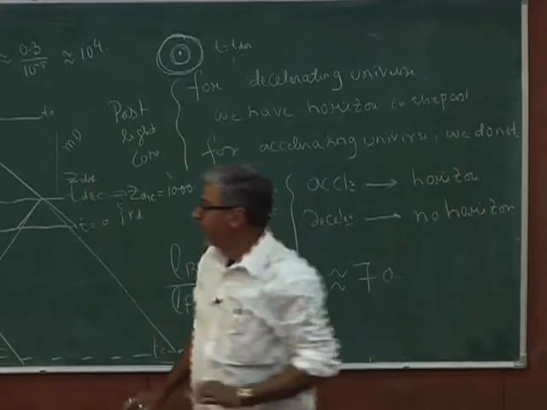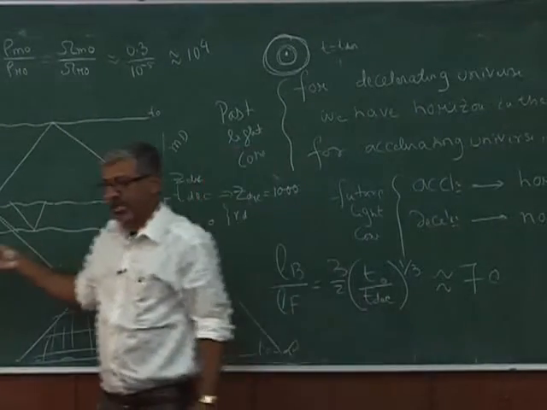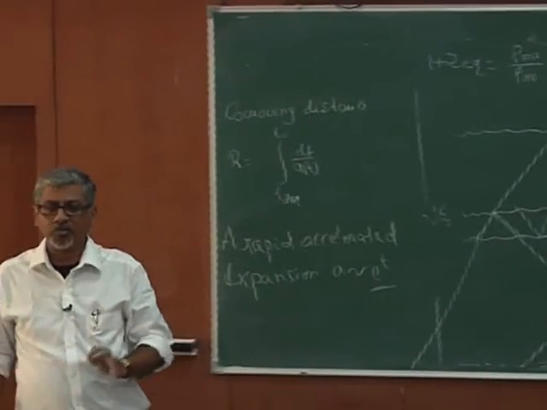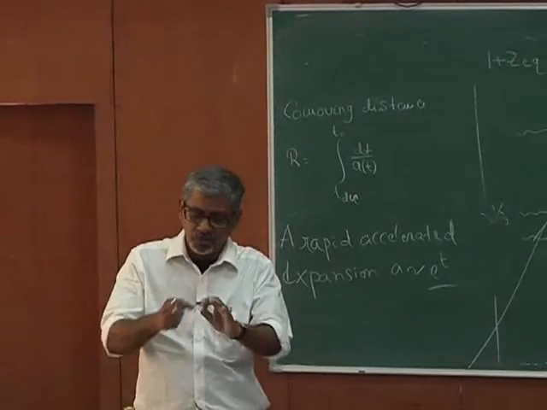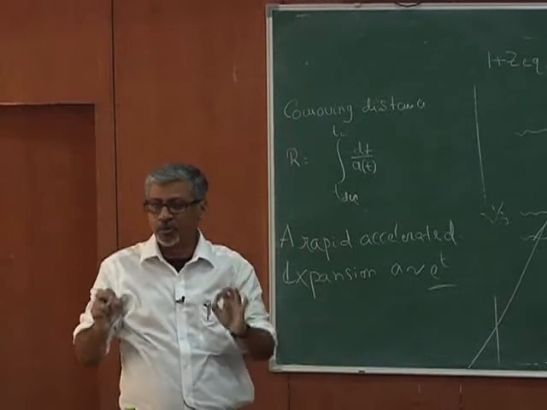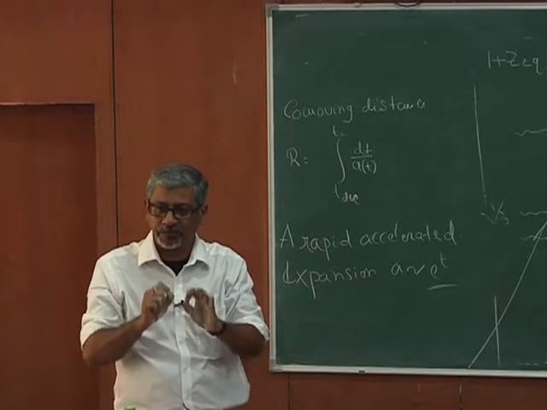So inflation not only solves the horizon problem, it also provides a seed of fluctuation, because if we have a seed, we can use general relativity to make it grow into structure. What we need is a seed, and inflation provides that seed of primordial fluctuation.